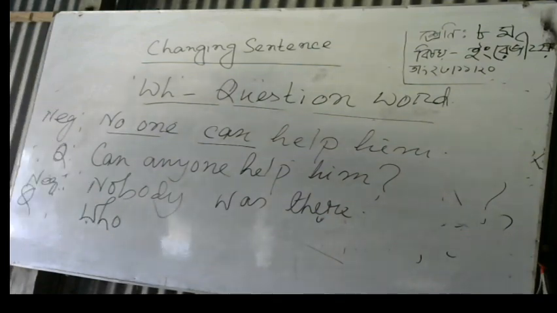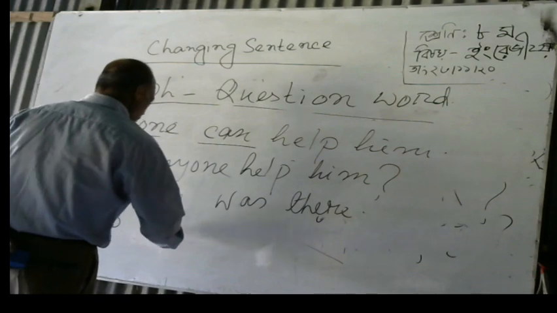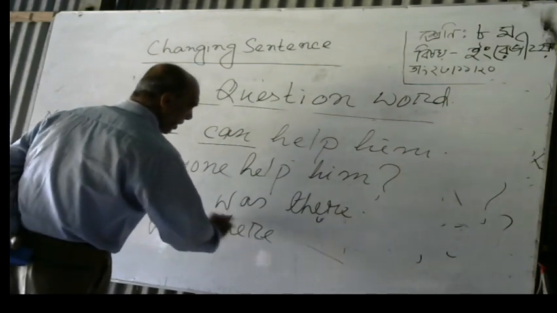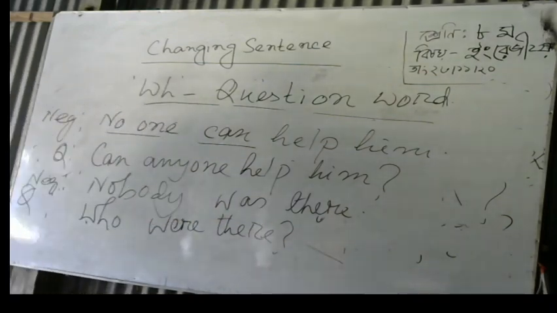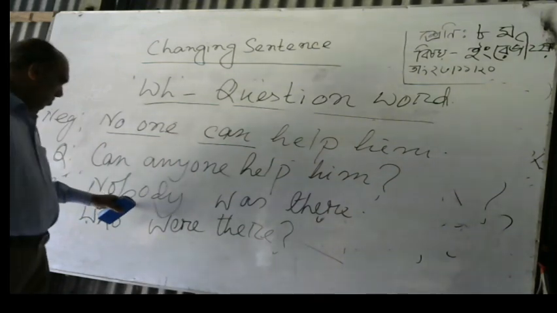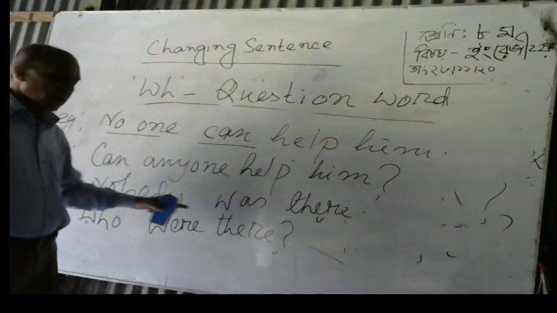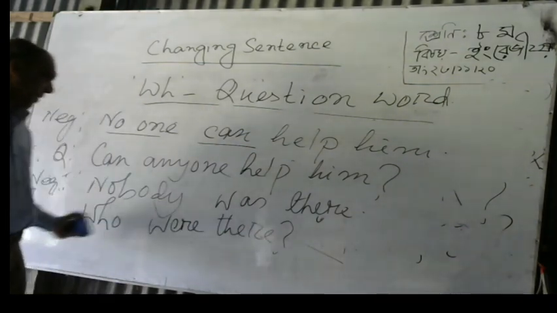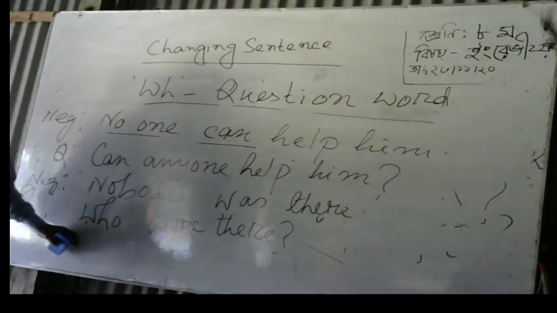Nobody, everybody, who. So this is the double question word. Who is there? That means nobody was there. Any word that has body is singular. Here it is was. But who is there? This will be a question.